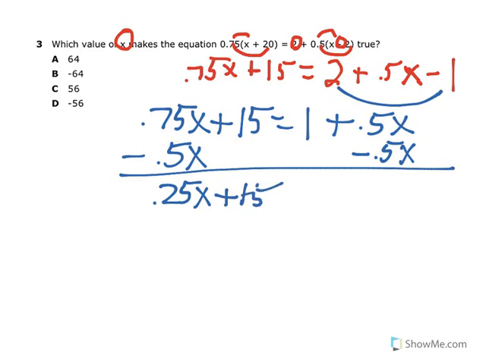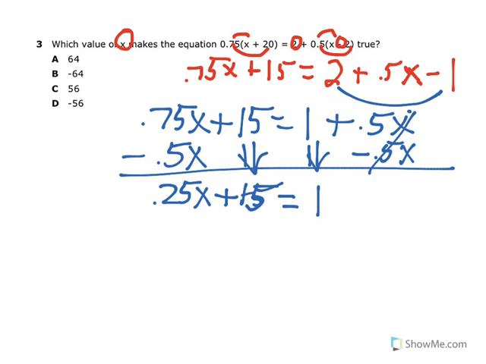That just comes down, and that 1 just comes down. So is equal to 1, and 0.5x minus 0.5x is just 0, so those go away.